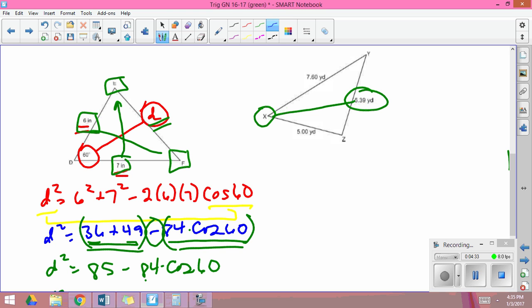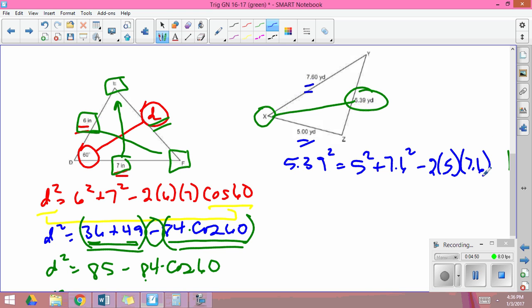So I start with 5.39 squared is equal to the other two sides, 5 squared plus 7.6 squared minus 2 times 5 times 7.6 times the cosine of x, what I don't know. Again, be very, very careful with your order of operations. These two need to get squared and added, then subtracted before I divide that away. Be very careful with that negative.